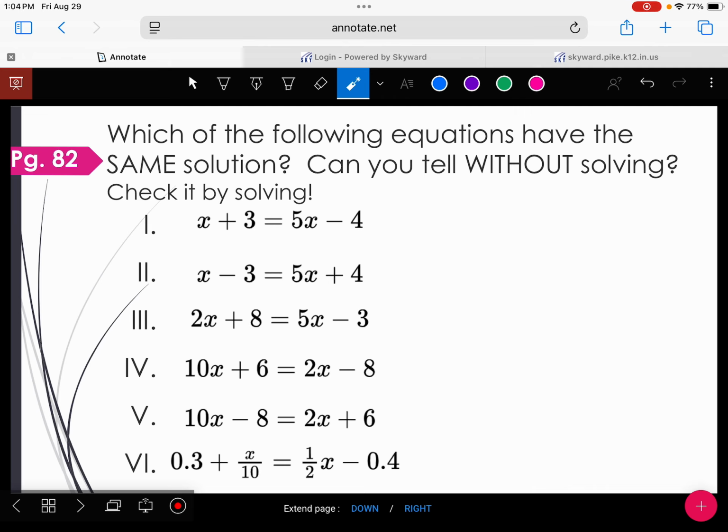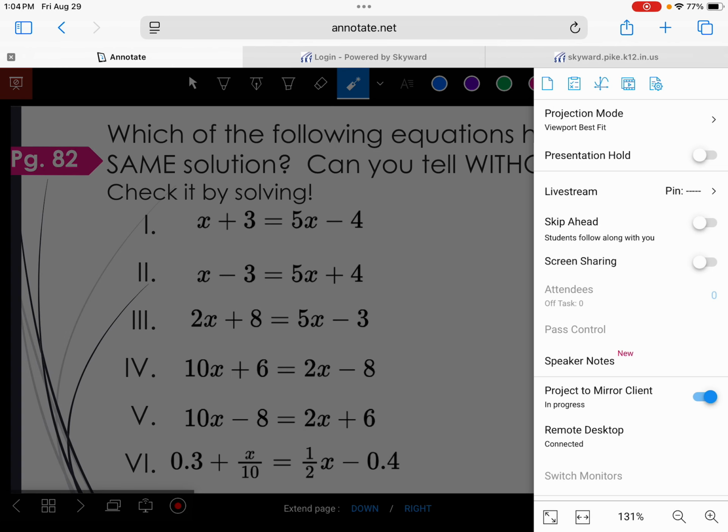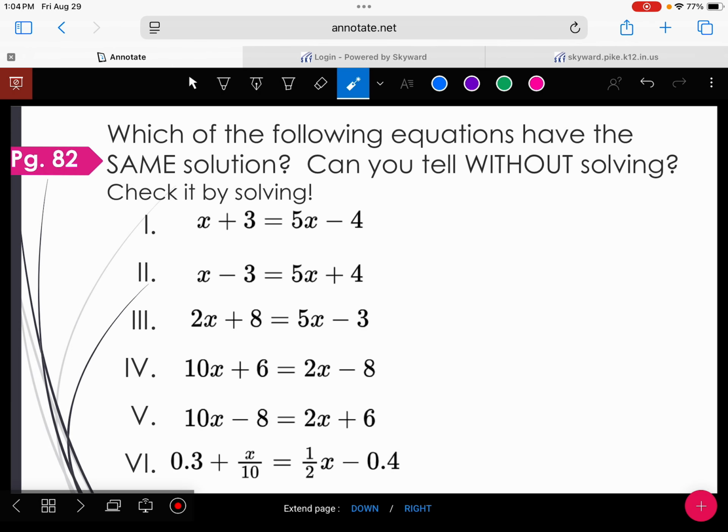And we want to see if we can figure out which of these 6 equations are going to have the same answer. Now, we absolutely could come through here, solve everything, and just find the answer. But that's a lot of work for all 6 of these equations, because they're not particularly pretty. In fact, some of them are kind of ugly, especially number 6.